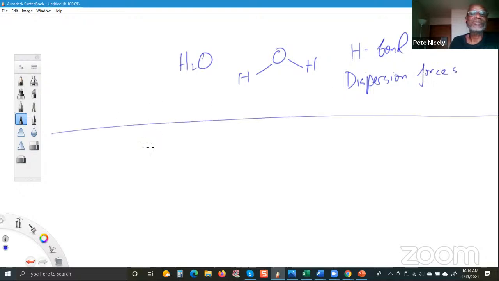If I gave you, for example, carbon tetrachloride, right? Well, for one, we know that this compound here is nonpolar, right? Which means that the only force of attraction that will exist between the carbon tetrachloride molecules would be dispersion forces.